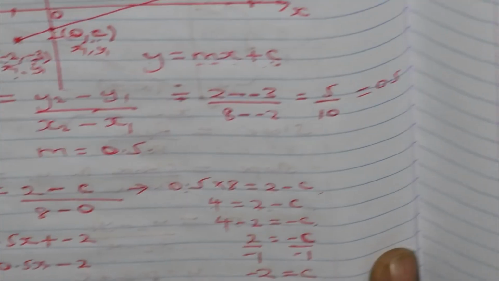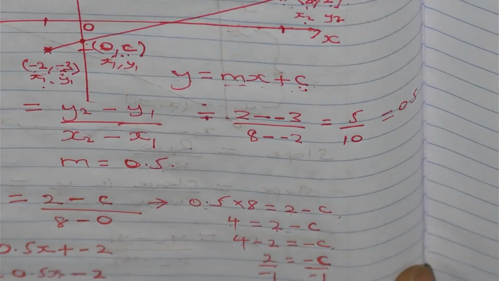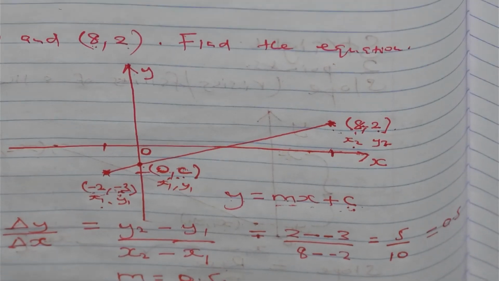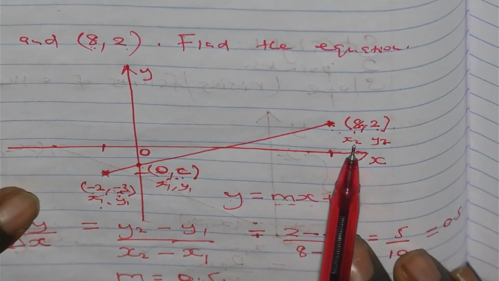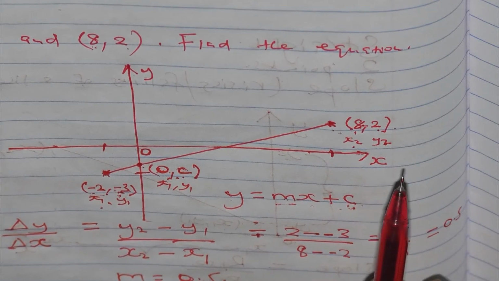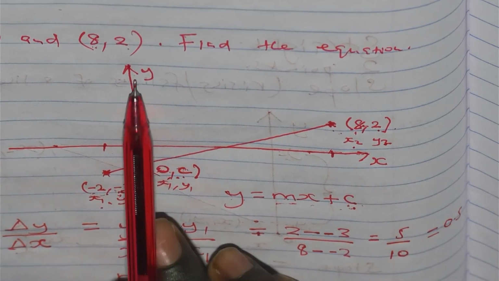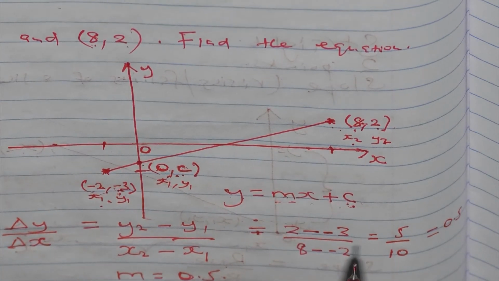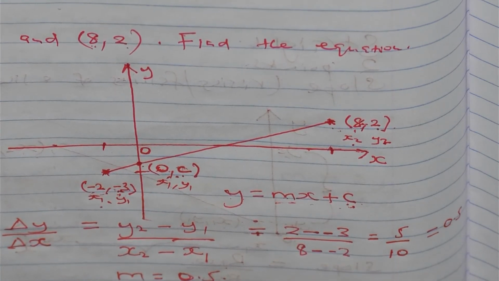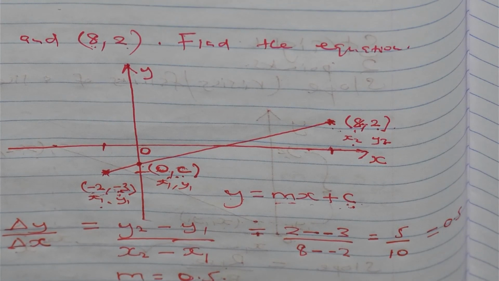So for summary, let's see how I can do a summary here. When given 2 points, it is prudent that you first of all draw them in a Cartesian plane to have an idea of what you are working with.